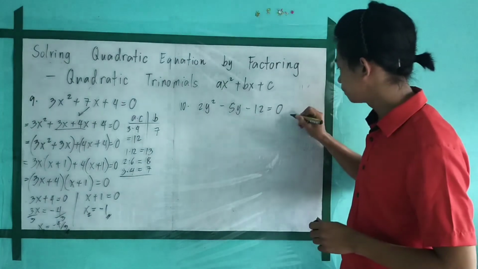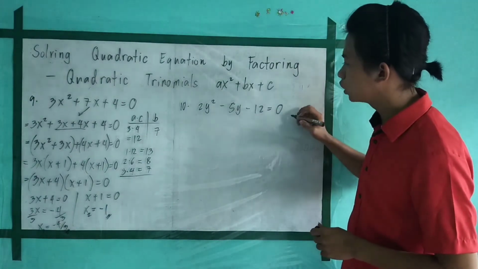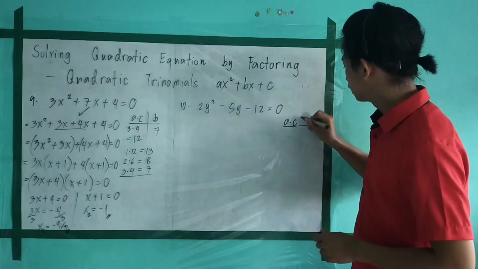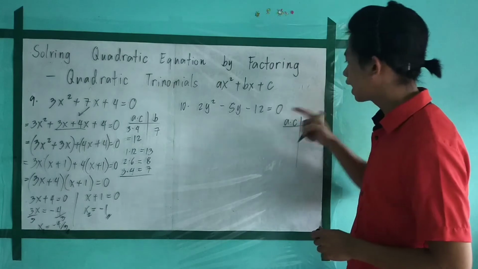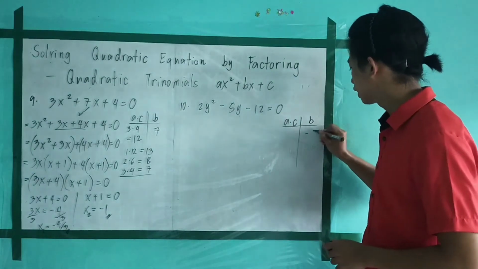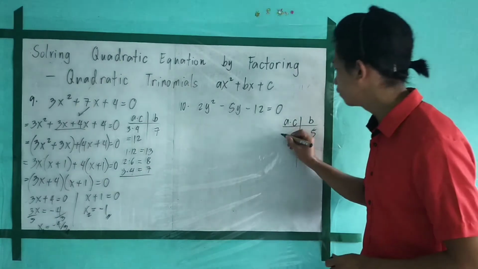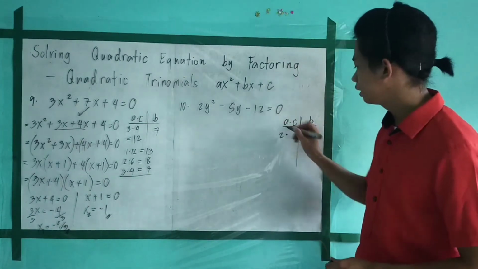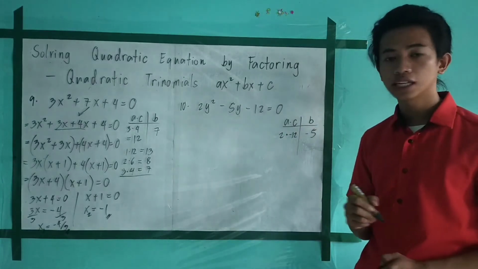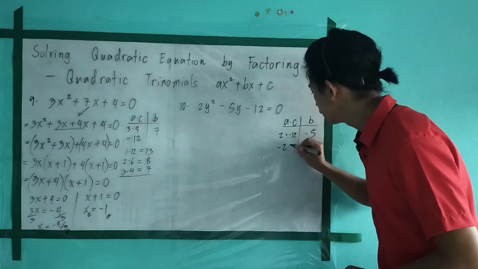So, ang technique, i-multiply lang natin yung a and then c. Then, dapat ang sum niya ay equal sa b natin, which is negative 5. Ano yung a natin? We have to multiply by negative 12. Okay, 2 times negative 12, we have negative 24.